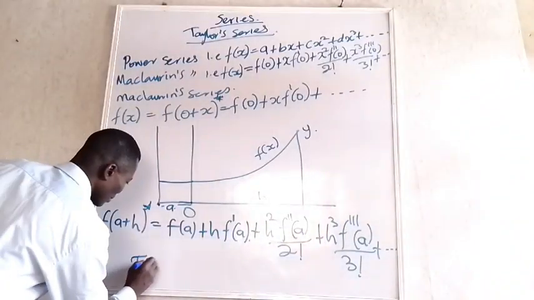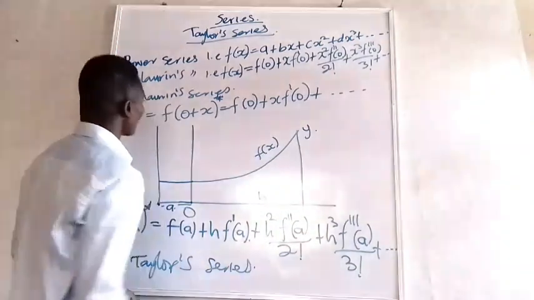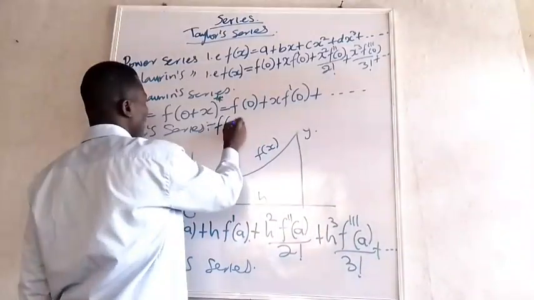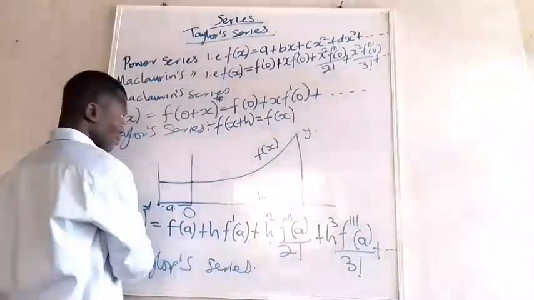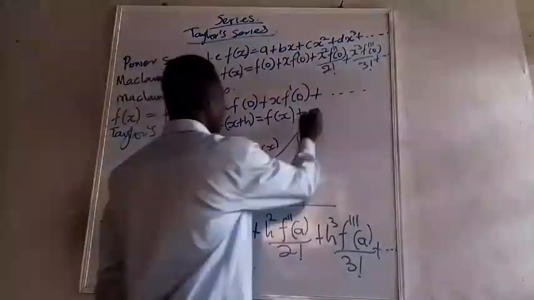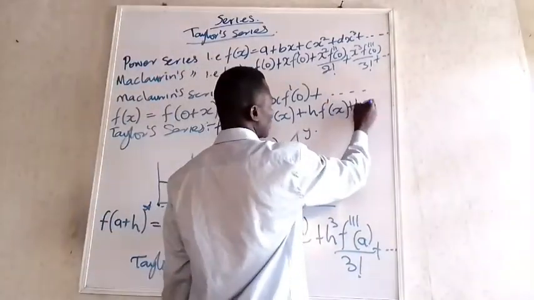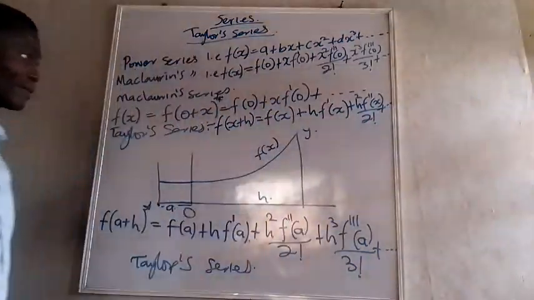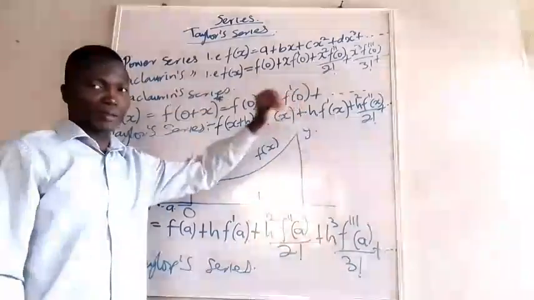So this is Taylor's series. Let me write it out for greater use. Let's say we know f of x at this point. So f of x plus h is going to give us f of x plus h, the increment, into f dash of x, that is the first differential, plus h squared into f double dash of x over 2 factorial, plus, like that. So this is the Taylor's series.